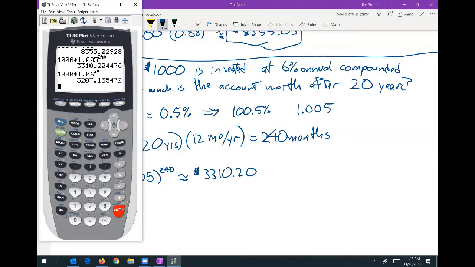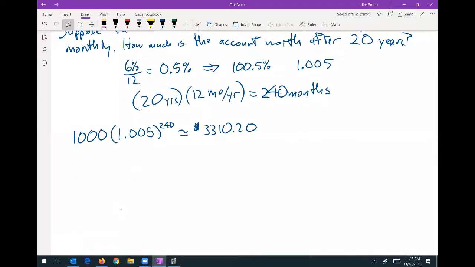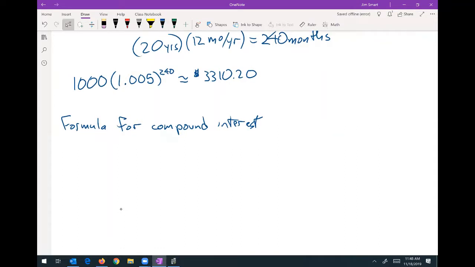All right. So there's actually a formula for this, the formula for compound interest. We're going to define some variables or constants. P is the principal, or initial amount, which is another name for our starting amount.